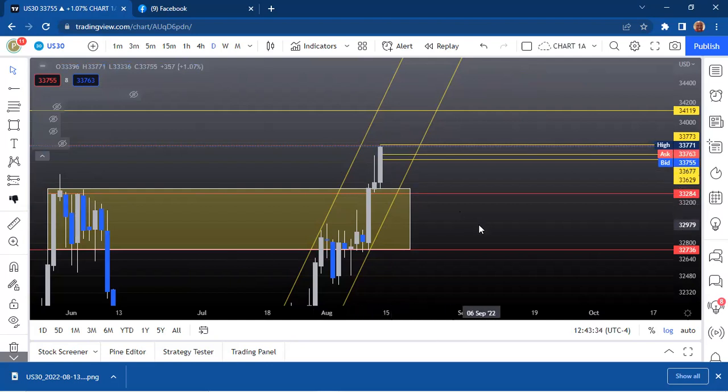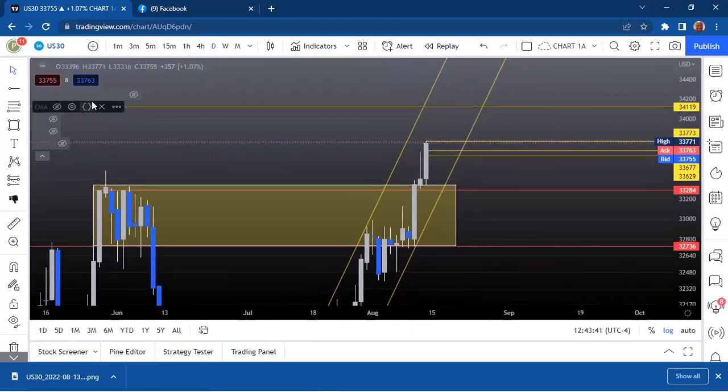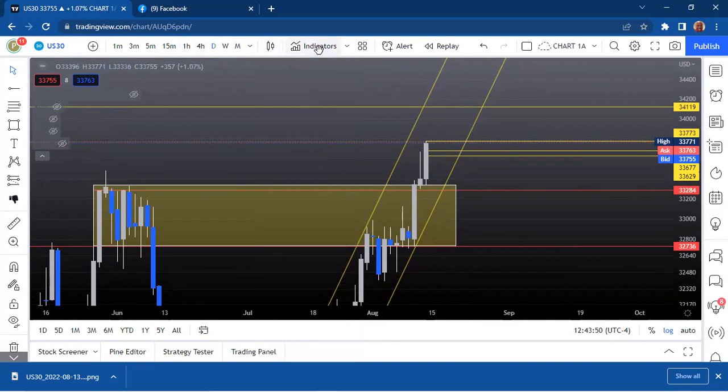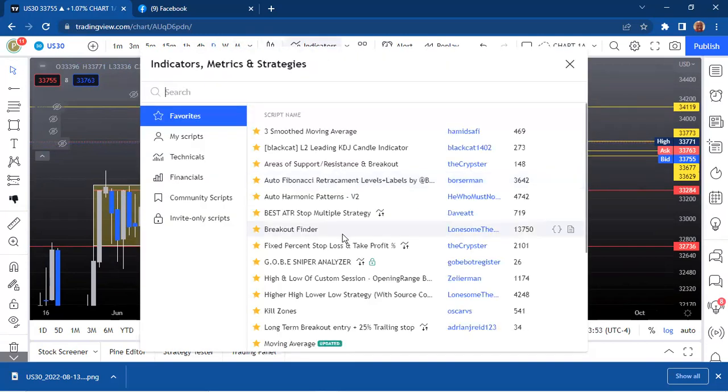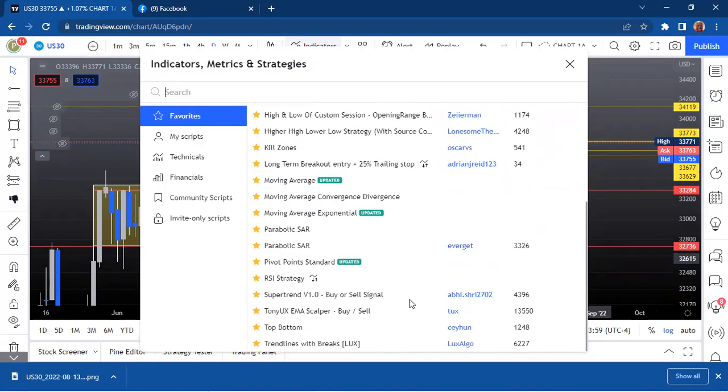Which brings me to the indicator that I want to show you guys. This indicator is called trend line with breaks. When you go to your indicator list, look for trend line with breaks.